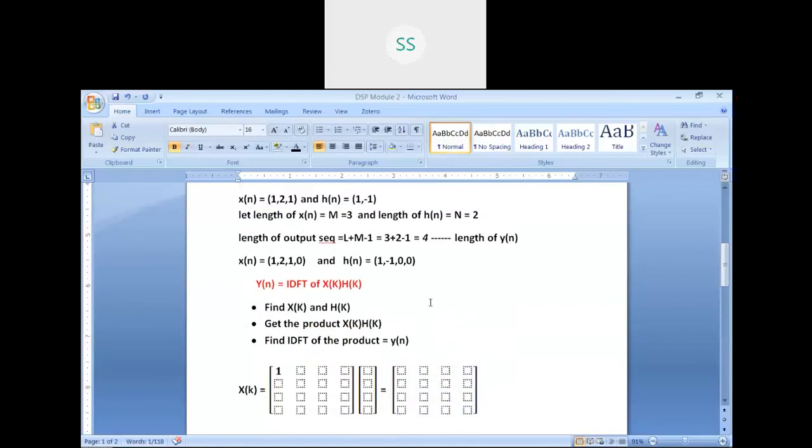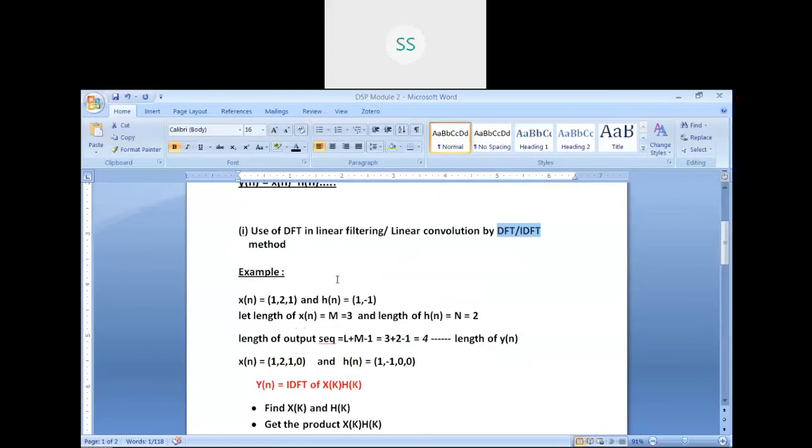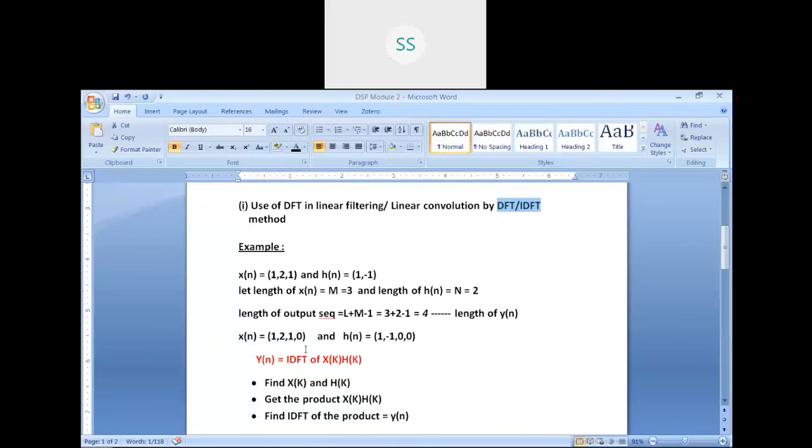This procedure shows how to perform the linear filtering operation with the help of DFT and IDFT. This equation indicates that your linear convolution output, or filtering output, y of n is equal to IDFT of X of k into H of k.